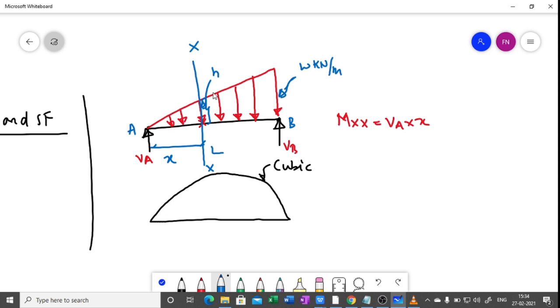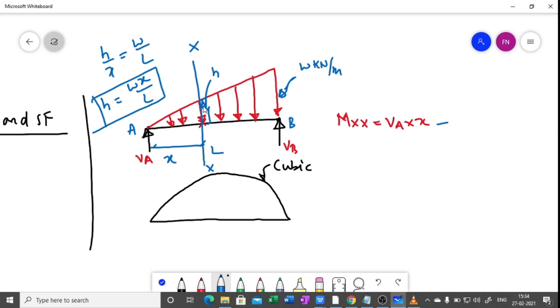This height is h, and from the concept of similar triangles we can find h. Taking this triangle, height by base, h by x, equals the height of the entire triangle, w, by its base L, so w by L. So h equals wx by L.